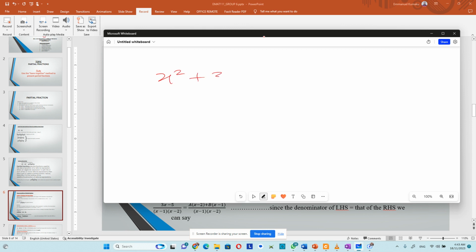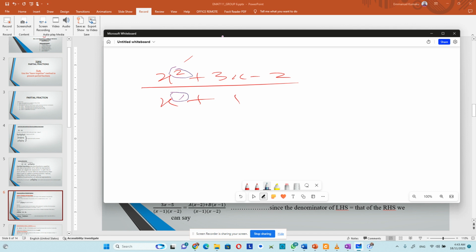x squared plus 3x minus 2 all over x plus 1, this is an improper fraction, because the highest power in the numerator is 2 and the highest power in the denominator is 1. So the degree of the numerator is 2, whereas the degree of the denominator is 1, so it becomes an improper fraction.